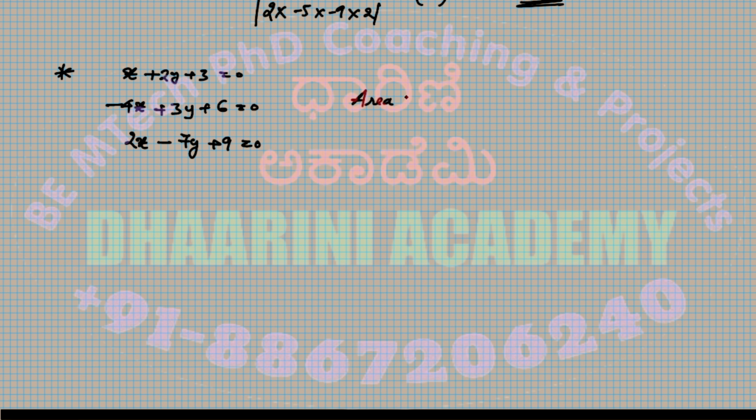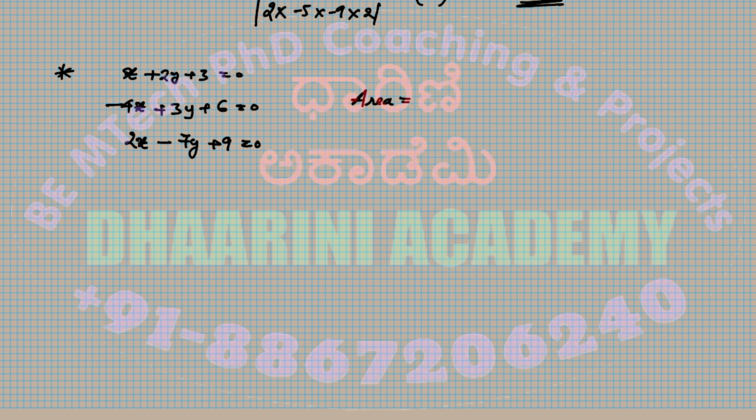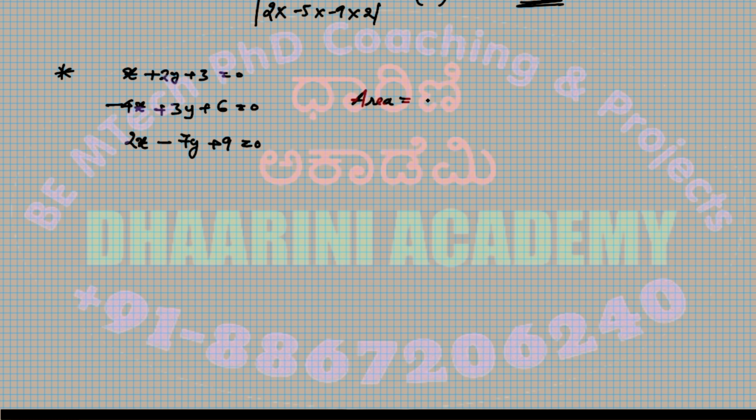Calculate the area of the triangle. So the area comes to be 10.02.